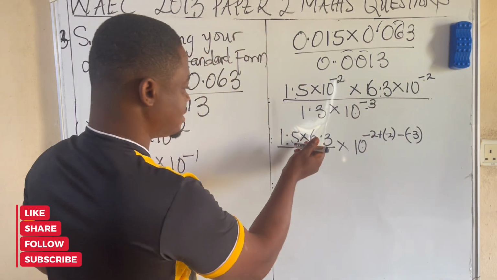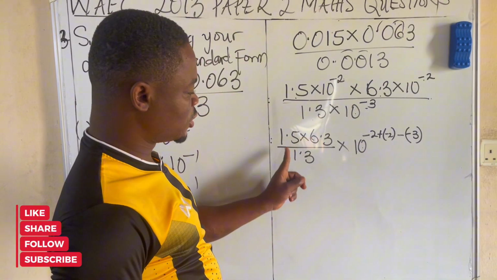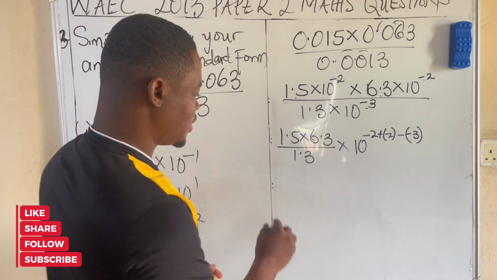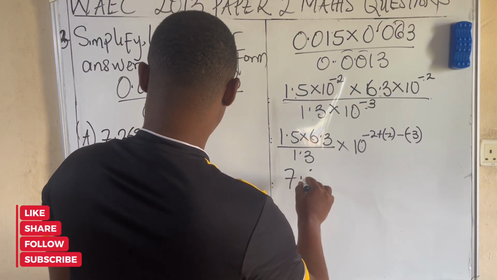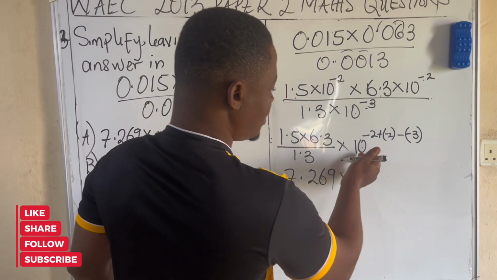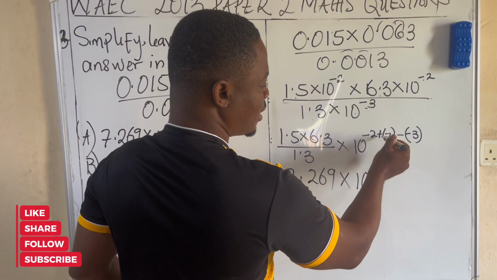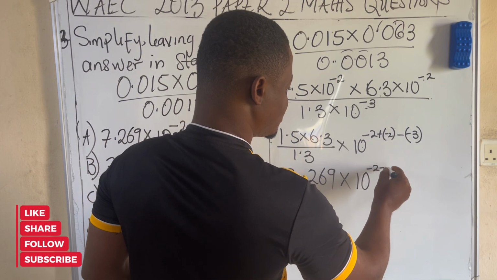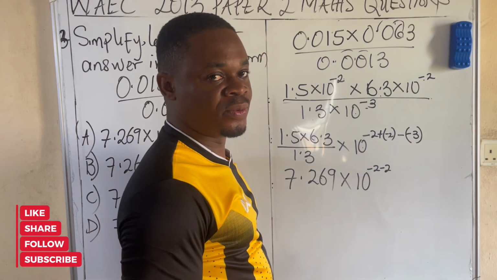This is same as, if you use your calculator to multiply and divide, multiply 1.5 times 6.3 divided by 1.3, you're going to have 7.269 times 10 raised to power minus 2 plus minus 2, which is same as minus 2 minus 2, and minus times minus will be plus.